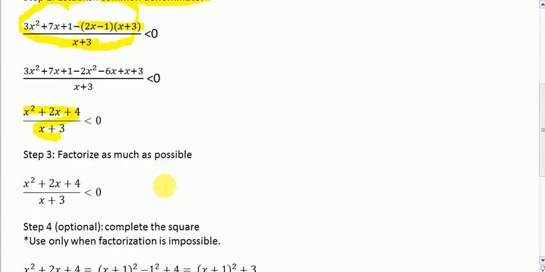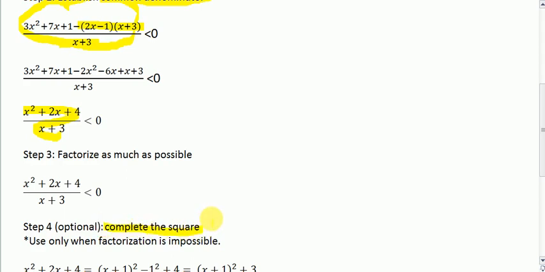Third step, we will try to factorize as much as possible, meaning we will factorize the numerator and the denominator. However, in this case, we cannot factorize the numerator and denominator. Which brings us to step 4, where we will need to complete the square.